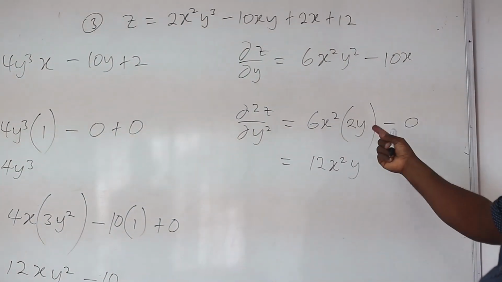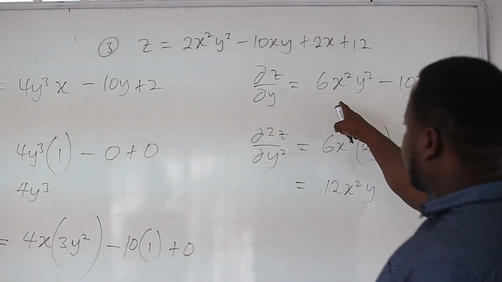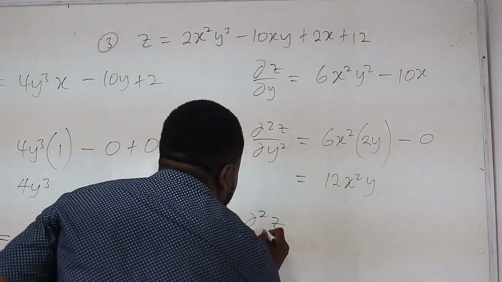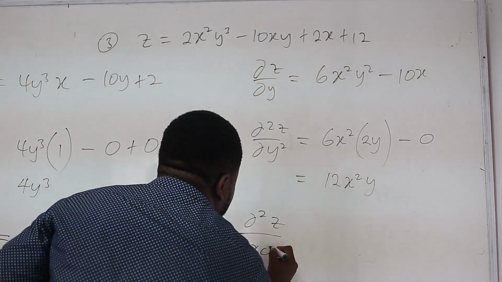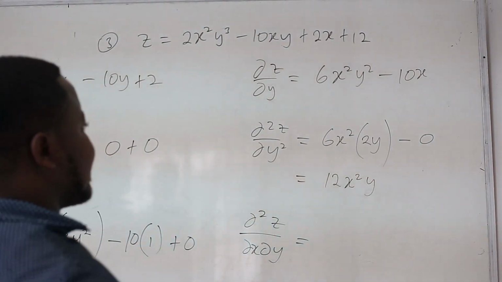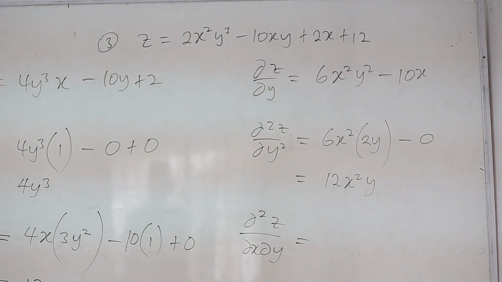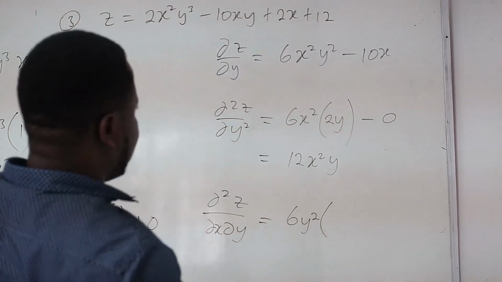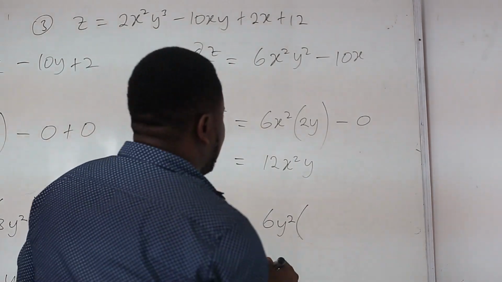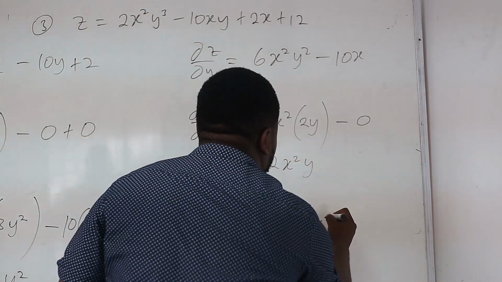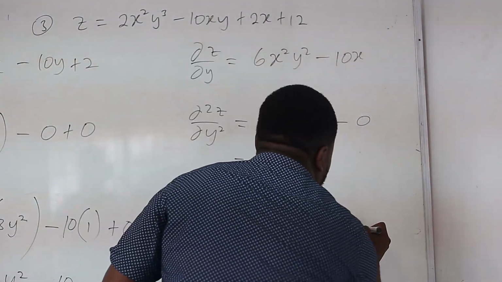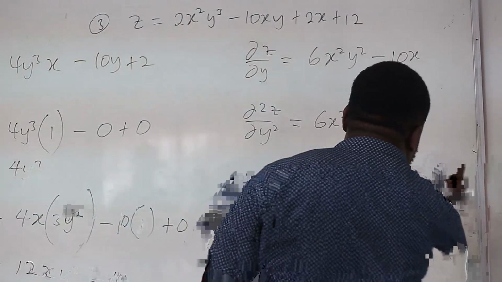Then we have to differentiate this function with respect to s. So write it this way, d²z/dsdy. This is equal to, and since we are differentiating with respect to s, y is constant. So we have 6y squared as constant. We are differentiating s squared, so 2 comes and we have s. 2 minus 1 gives us 1. Minus, we have 10. We differentiate s, we have 1.